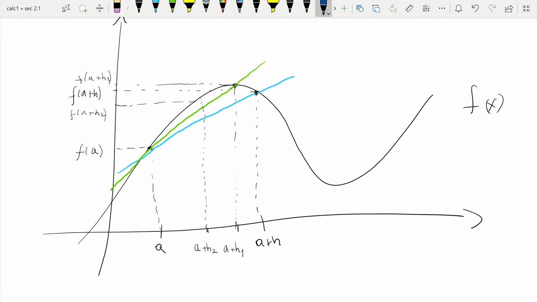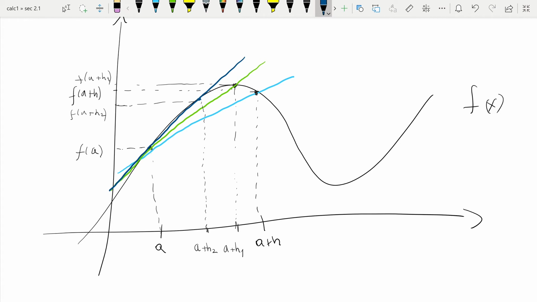Then we have another secant line, and with its corresponding slope.